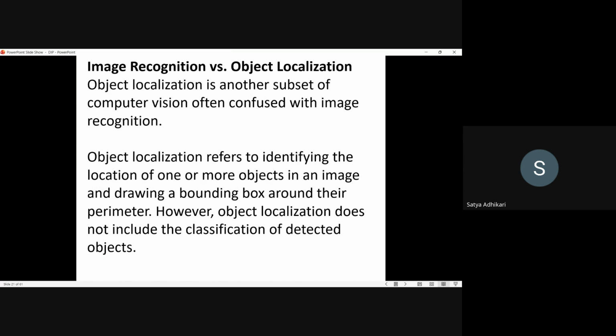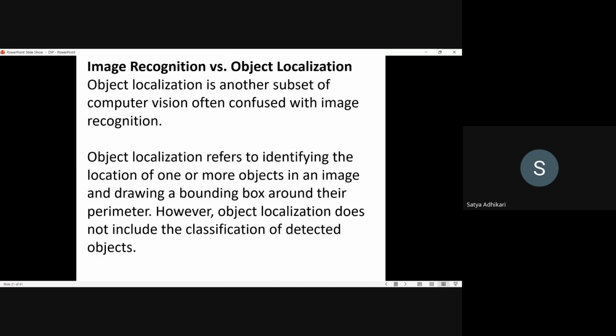So sometimes there's confusion between image recognition and object localization. Object localization is another subset of computer vision, often confused with image recognition. Let us see what it is. Object localization refers to identifying the location of one or more objects in an image and drawing a bounding box around their perimeter.